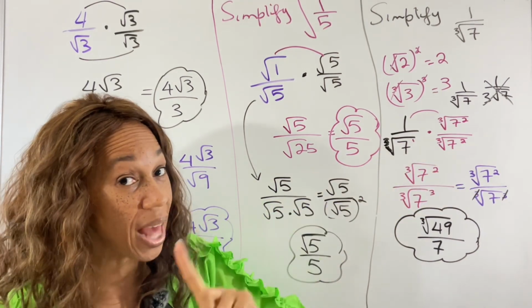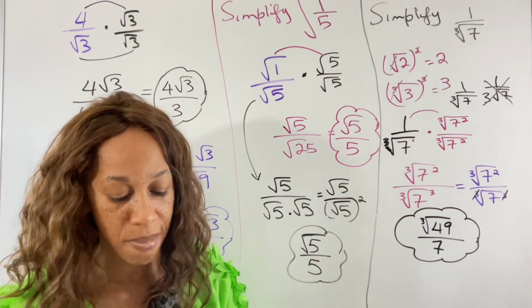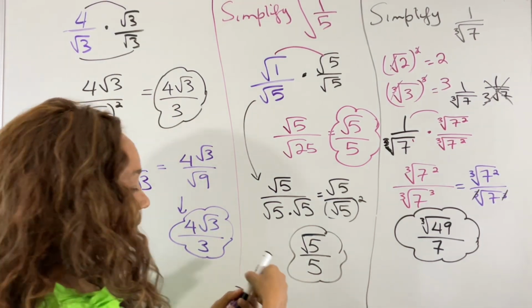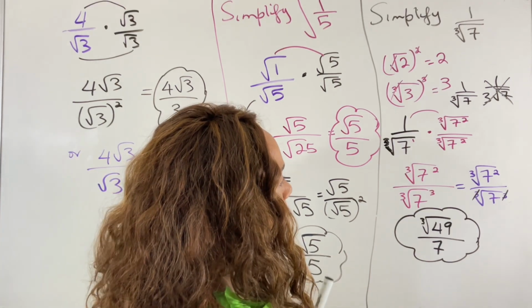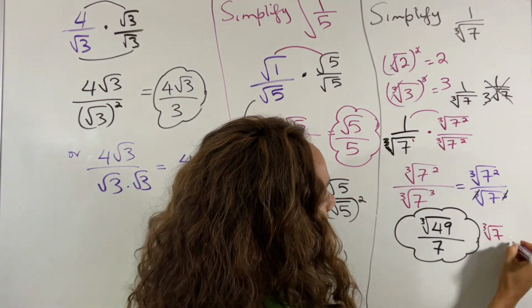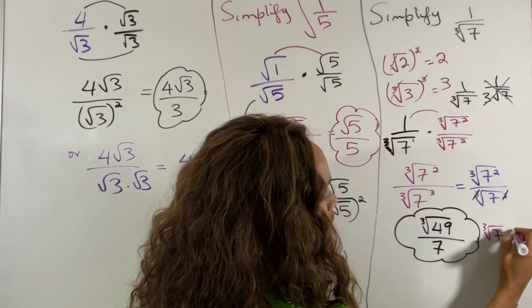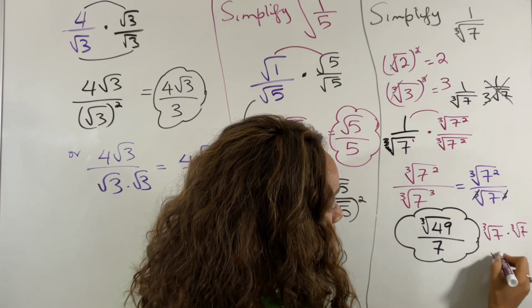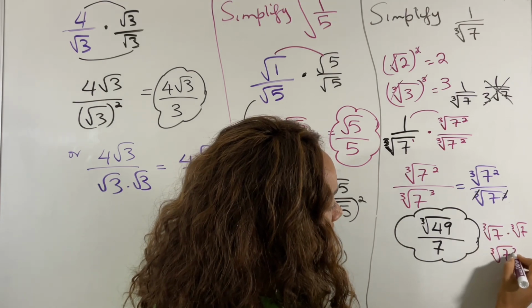If you don't do that, you're going to get into problems, because let me show you. If you had cube root of 7 times cube root of 7, this is simply going to give you cube root of 7 to the second power.